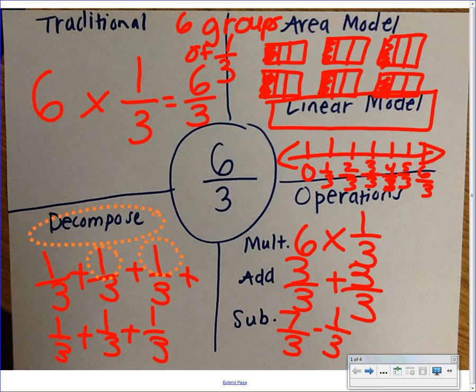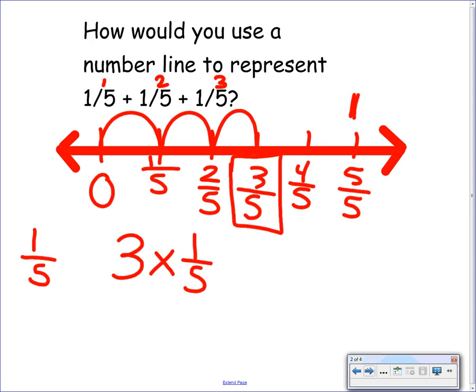And we know that 3/3 is the same thing as 1, and 6/3 is the same thing as 2. All right, and we're going to 6/3. So we have 6 groups of 1/3, so we know we need to take 6 jumps. 1, 2, 3, 4, 5, 6. So 6/3 is the same thing as the whole number 2.